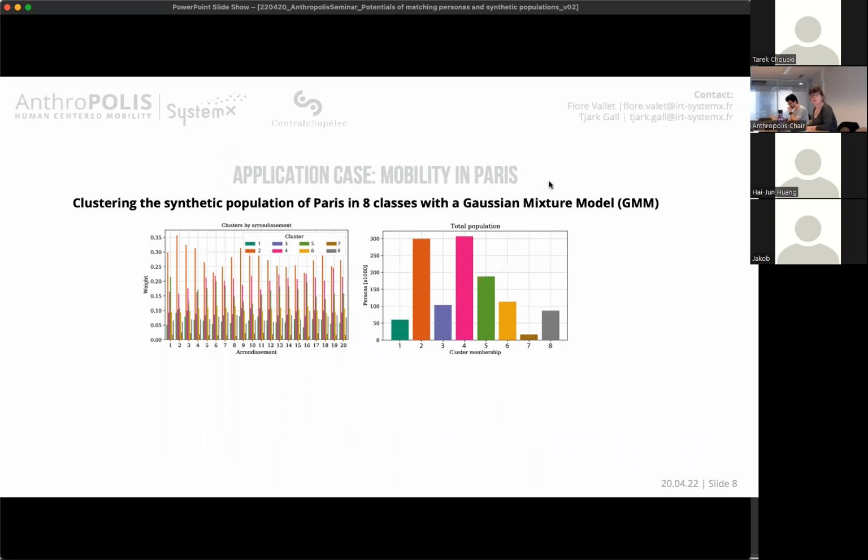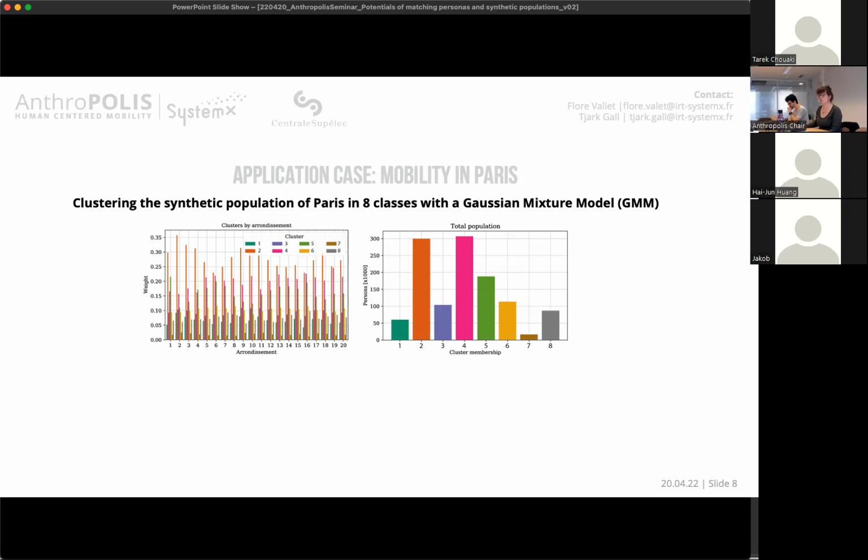So we did a little test to study the mobility in Paris. For that, there was an existing synthetic population of Paris, which was generated in another study. This population was clustered into 8 classes with a Gaussian mixture model.